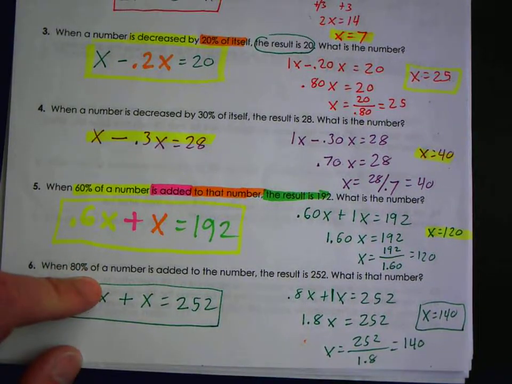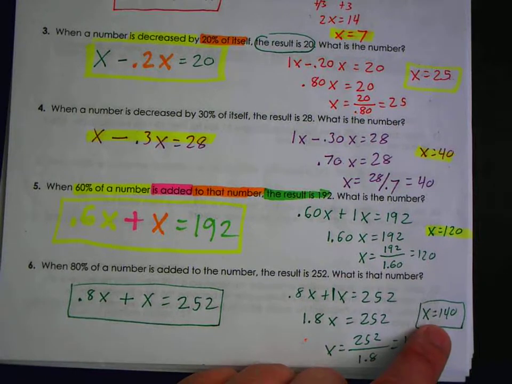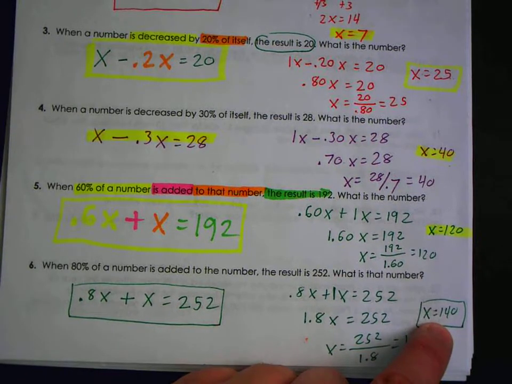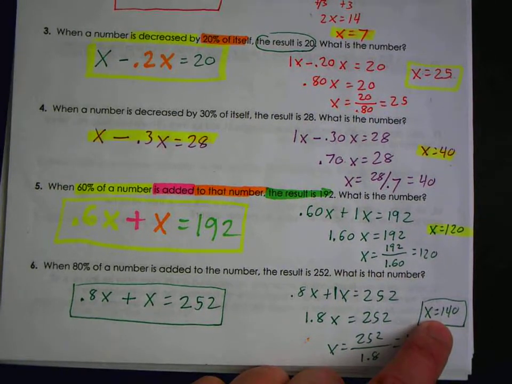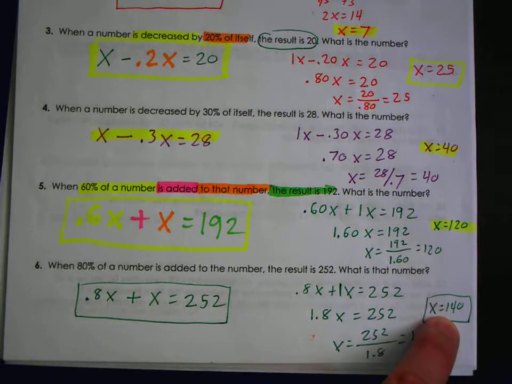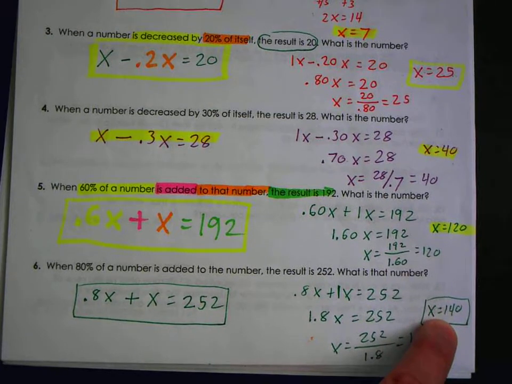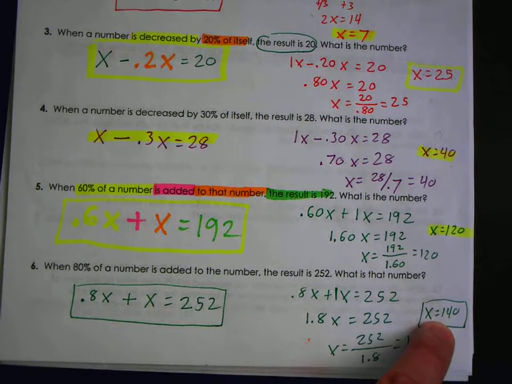80% of 140. I could take 14 times 8, or I could take 10%, which is 14, and subtract out 14 twice. So I could just take 14 times 2, which is 28, and subtract that from 140, which is 140 minus 28. 118? I'm subtracting out 28.